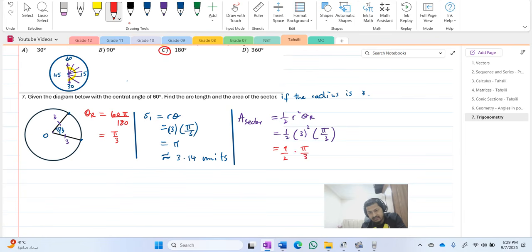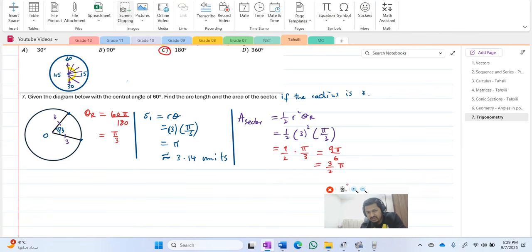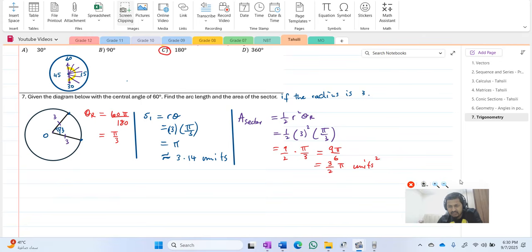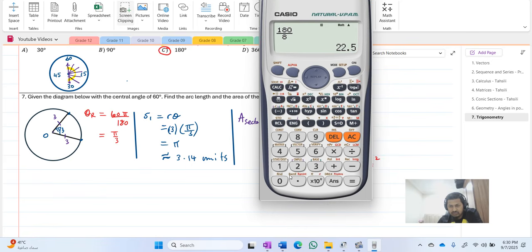You can work this out in the calculator, as I have showed you before, or just write down the answer, 3 over 2 pi units squared. In the calculator, 3 over 2, shift the pi, is approximately 4.7 units squared, and that's the area of the sector.